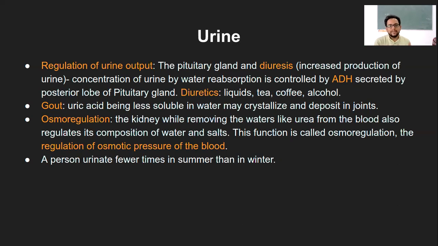So anti-diuresis is decreased production of urine, and that is what is done by the pituitary gland. If anti-diuretic hormone is secreted, that means production of urine is reduced. And if ADH is not secreted, that means urine production is increased. That's how it controls the urine output from the body.